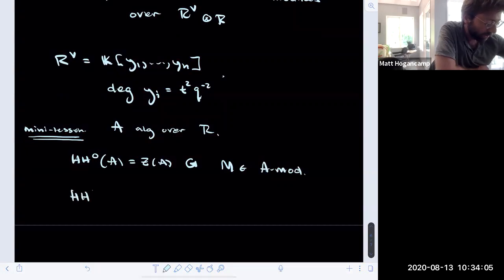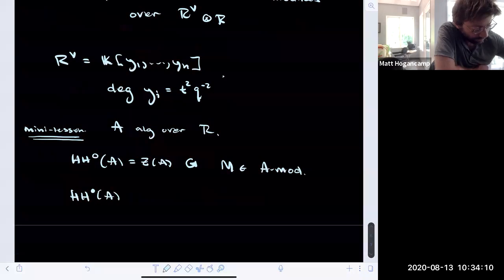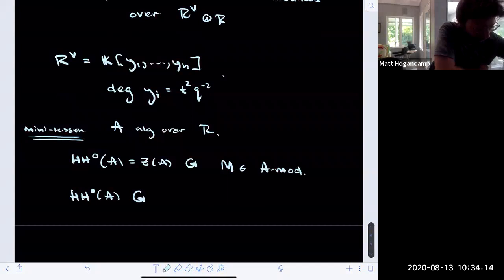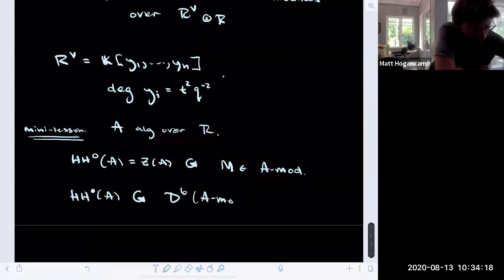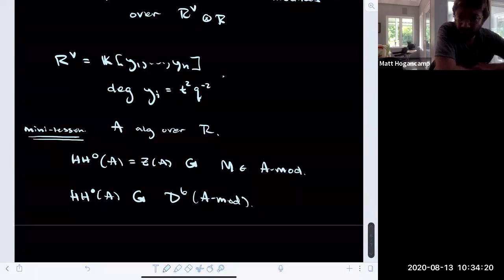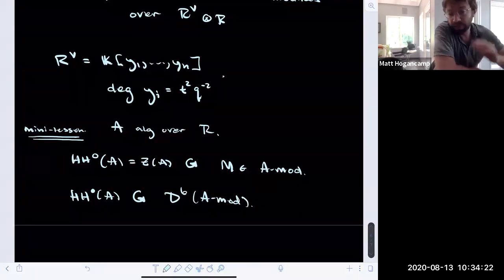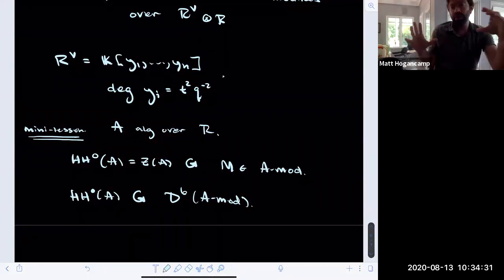The higher Hochschild cohomologies of A also have such an interpretation. These now act not on an object of A mod, but on objects of the derived category of A mod. So for example, HH upper 1 is generated by derivations of your algebra A. The way you should think about this is that if you have a complex of free A modules, its differential is represented by a bunch of matrices.